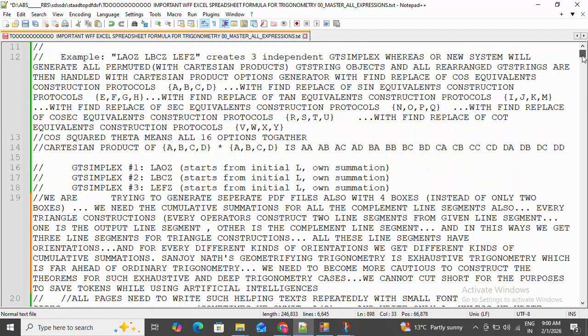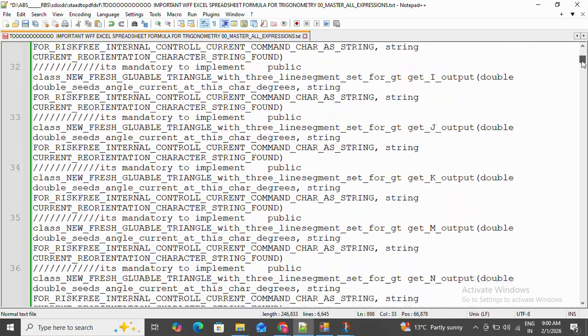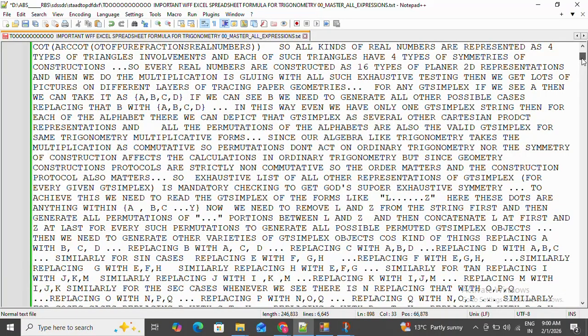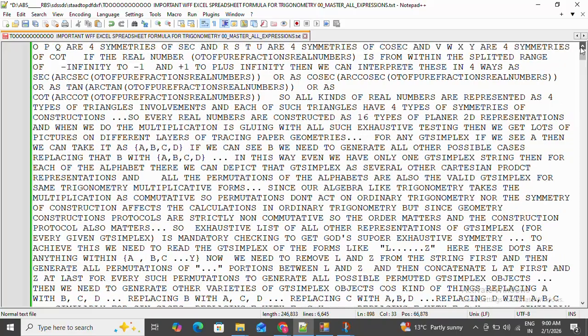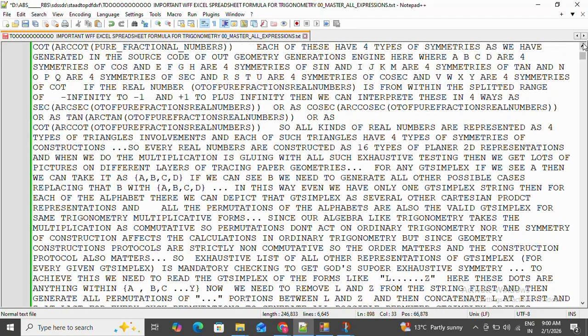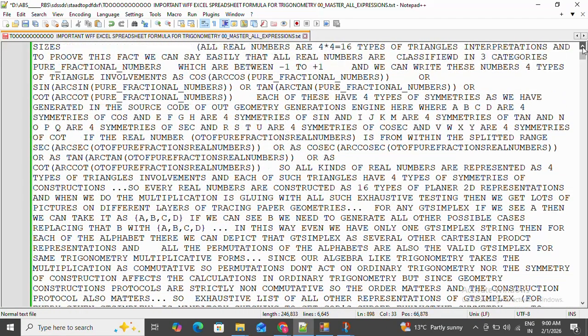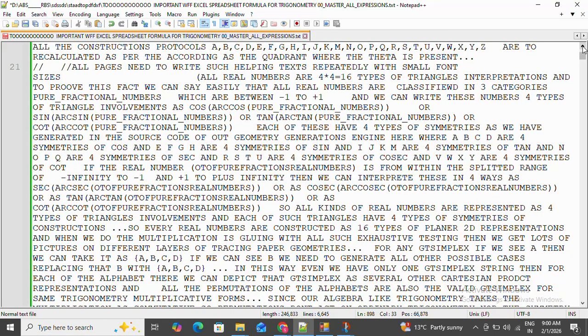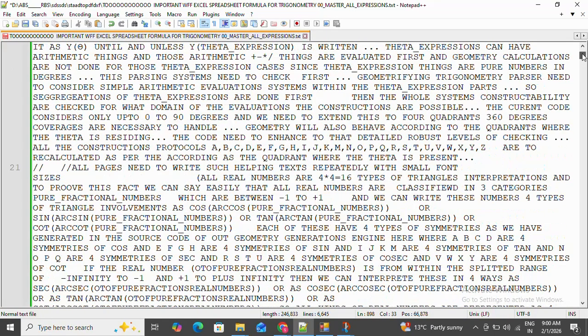Now, after discussing these points, we will enter the concept of tracing paper understanding. The whole system's constructability is checked for what domain of evaluations and constructions are possible.